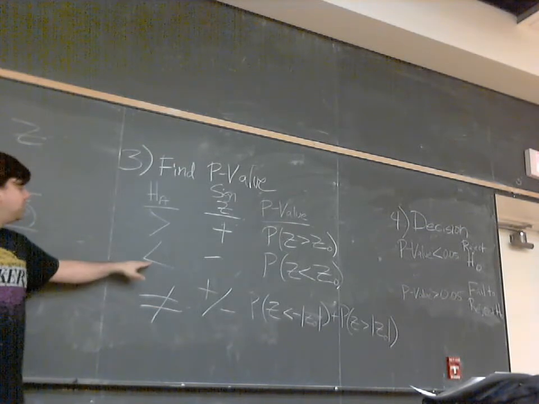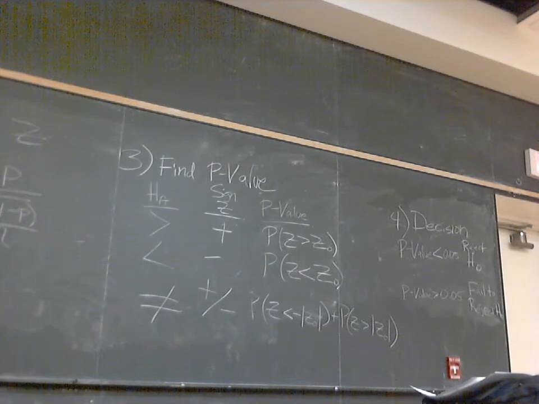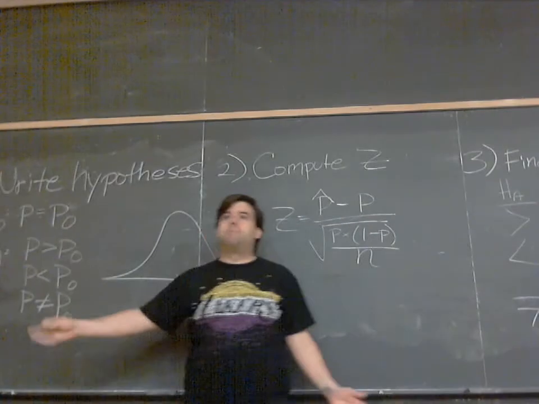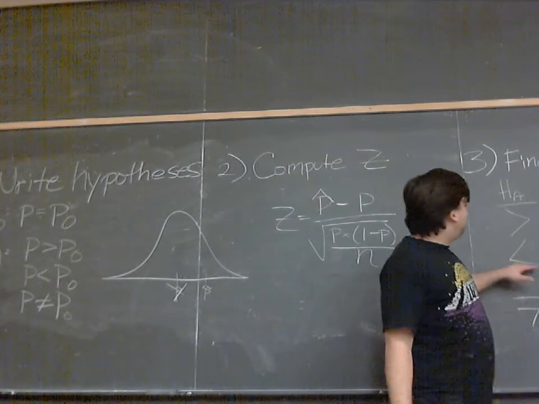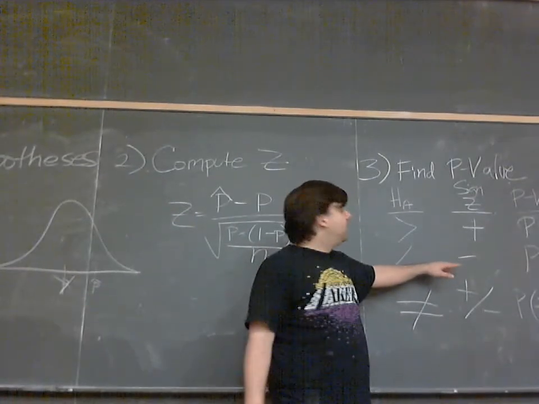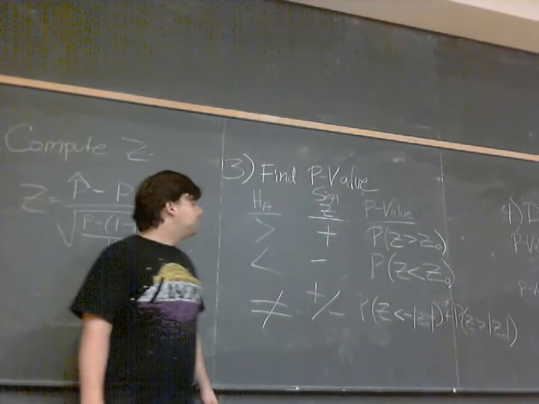If I correctly chose the less than alternative, and I choose the alternative for my hypotheses, remember, based on the wording of the question, words like has increased, has decreased, or simply has changed or is different from, then I should get a negative z-score, or I've made a mistake. And then the p-value is the probability that z is less than that z-score.